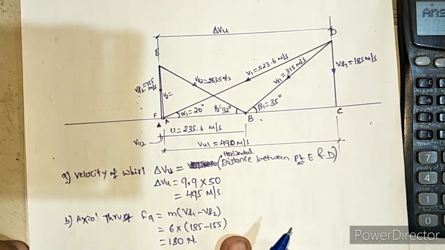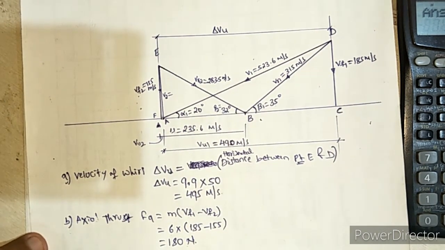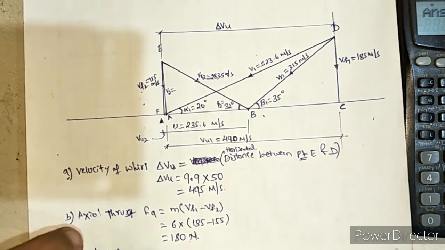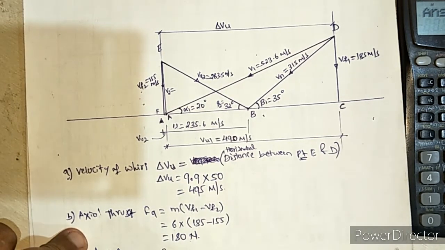Next we will calculate blade angles. So C bit is blade angles. We have already calculated beta 1 and beta 2 from the velocity triangle.